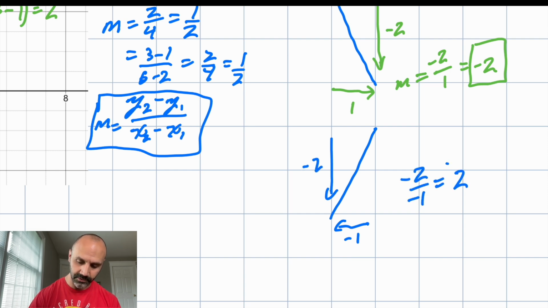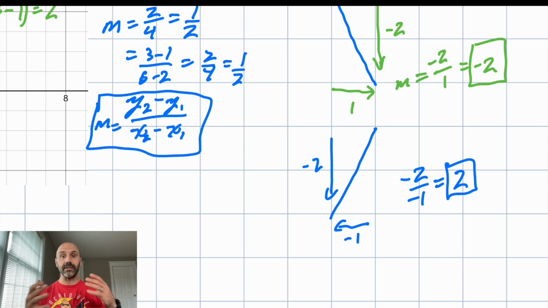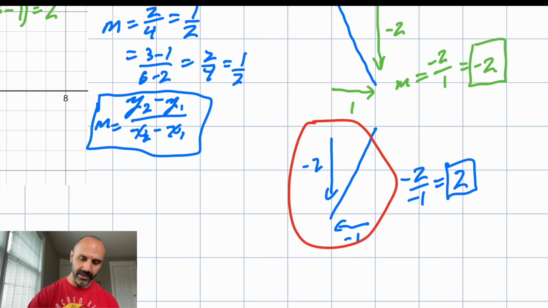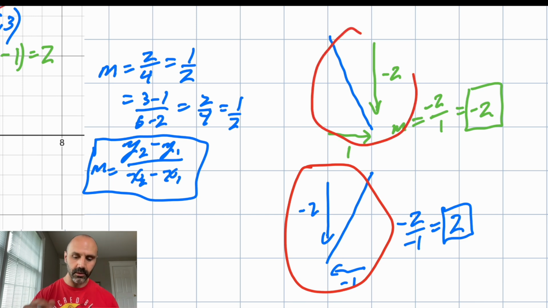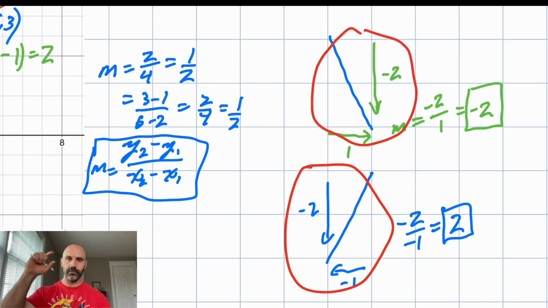It gives you a positive slope. And so that's how you get the idea of going up to the right is positive, like this one, right? And as you're going down to the right, that gives you negative. It all comes out of this idea of the vertical change for every horizontal change, and pay attention to direction, positive and negative, and it all works out.